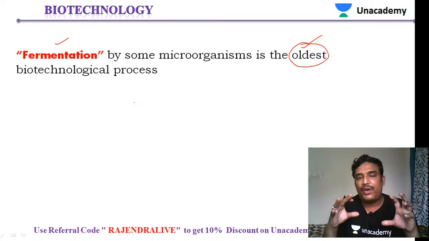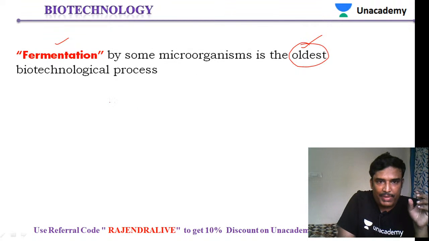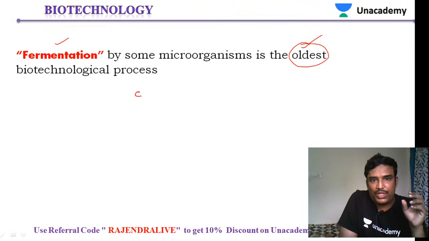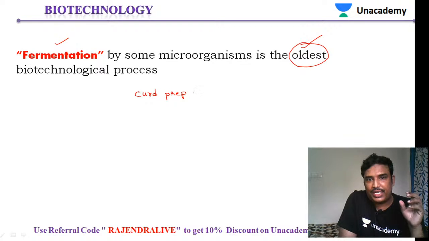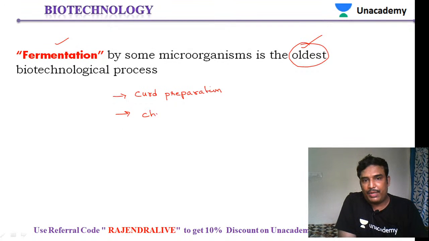In one of our lessons in 12th class, named microbes in human welfare, we have seen curd preparation. No doubt curd preparation is a fermentation process. Similarly, the preparation of cheese, where we also use living organisms.